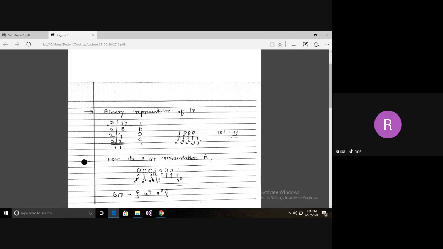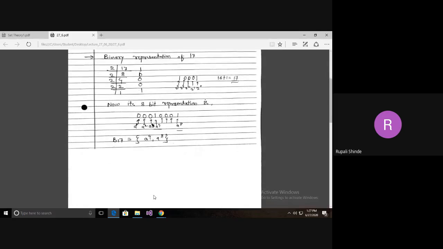Whenever we have written 1, it indicates presence of that element. So count from A1, A2, A3, A4. The first 1 is written here, so A4 is present in that set. Again A5, A6, A7, A8. So this B17 will contain 2 elements, A4 and A8.